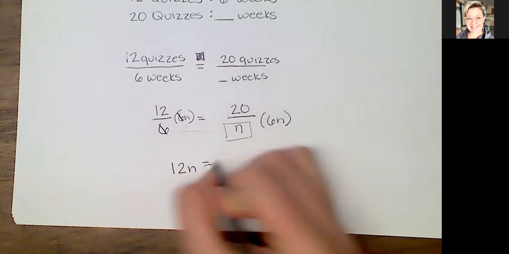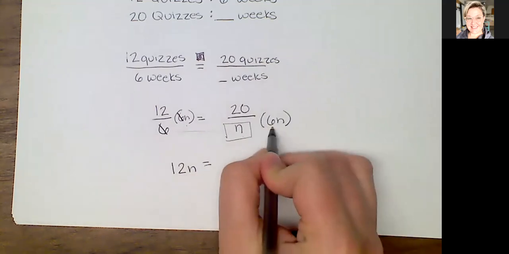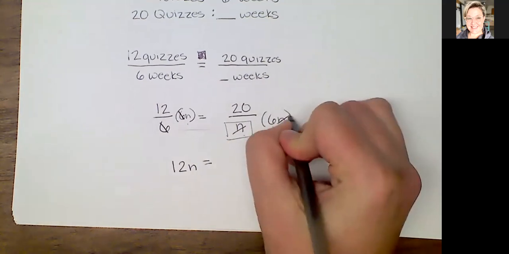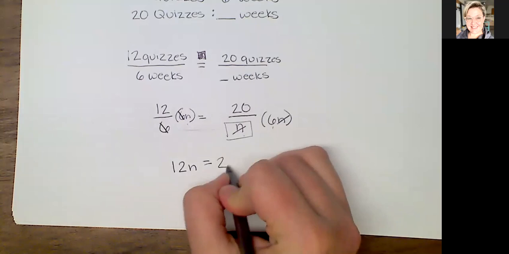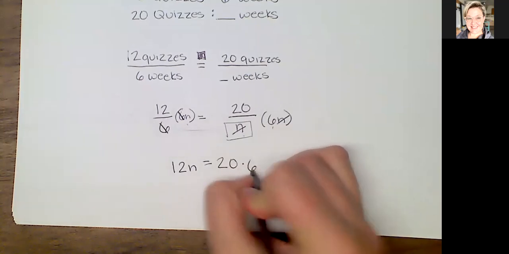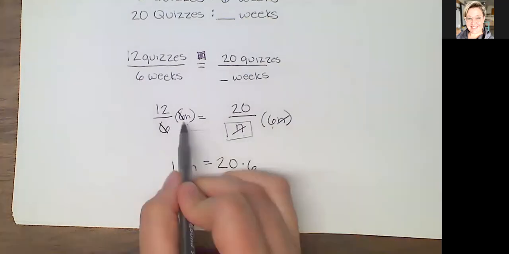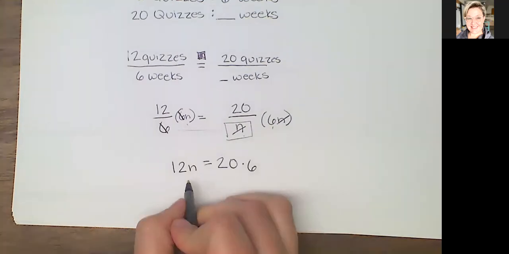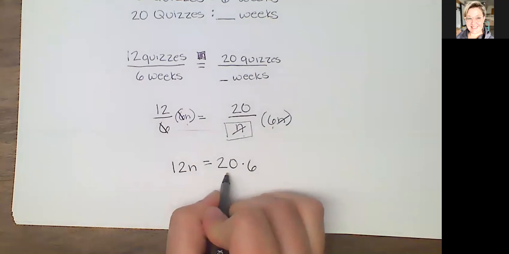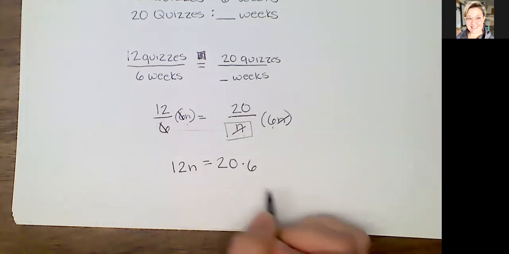And that's going to be similar to over here. We're going to cancel out the 2 n's, and we're going to be left with 20 times 6. This is a step we haven't done before, but we're going to practice doing it more in class as well. So here we have 12n equals 20 times 6.